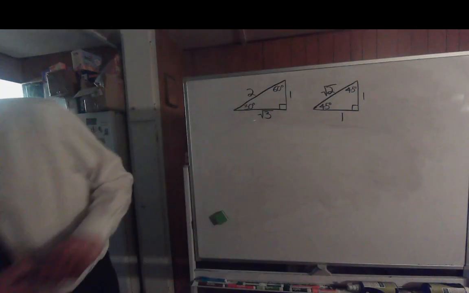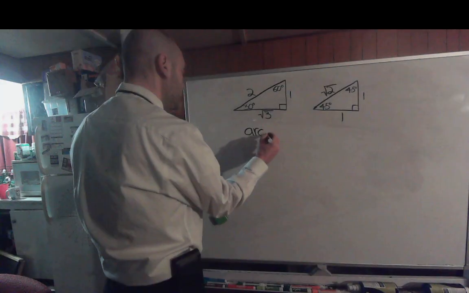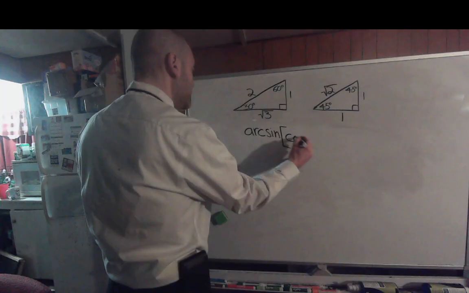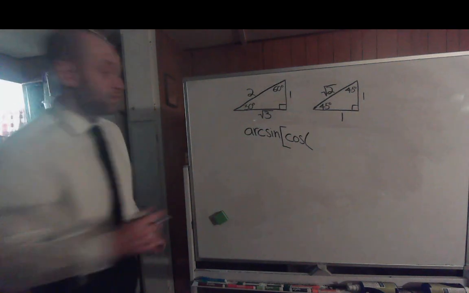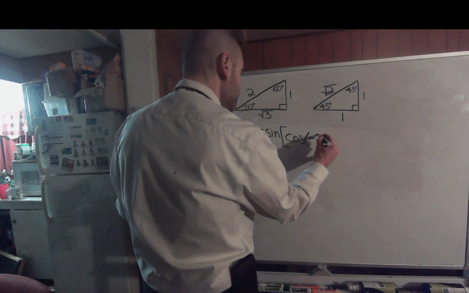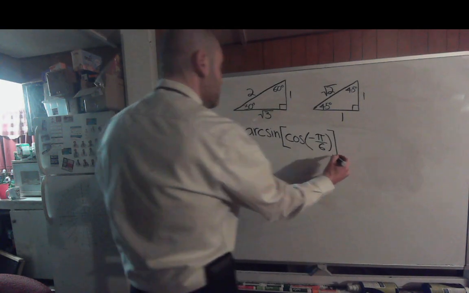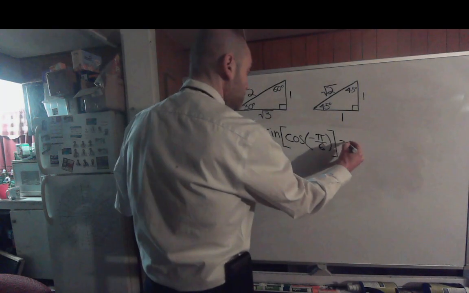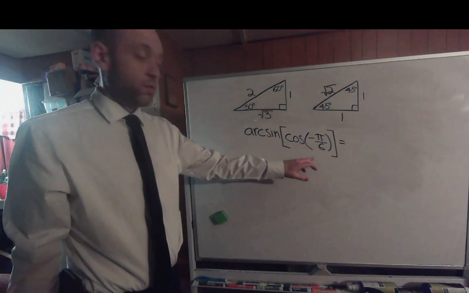All right. Arcsine of the cosine of negative pi over 6. So arcsine of the cosine of negative pi over 6. Well, negative pi over 6 is in the fourth quadrant, right?